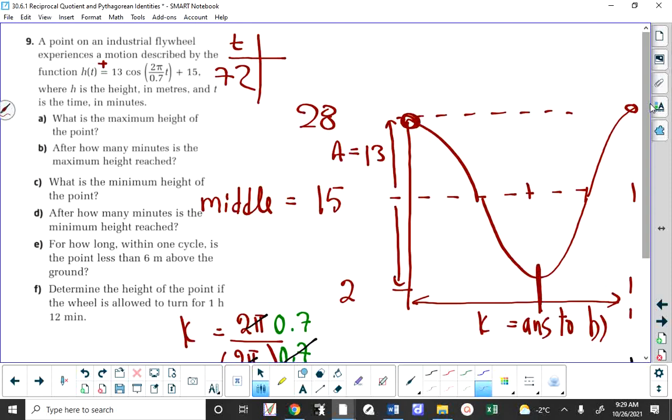An hour is 60 minutes plus the 12 is 72. You're trying to find the height. Well, you can just go ahead and put that 72 in here on your calculator. So take 2 times pi times 72 divided by 0.7. Take the cosine of it, multiply by 13, and add 15. And you could certainly just string it all through at once, as long as you put your brackets in the correct place.